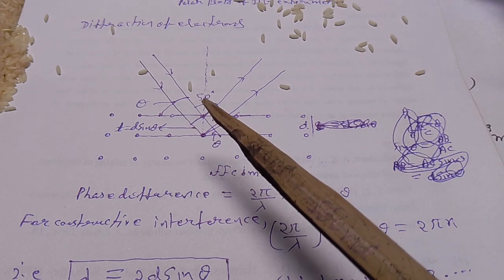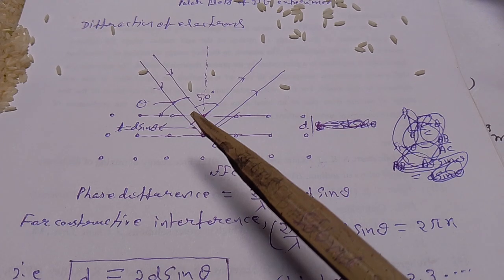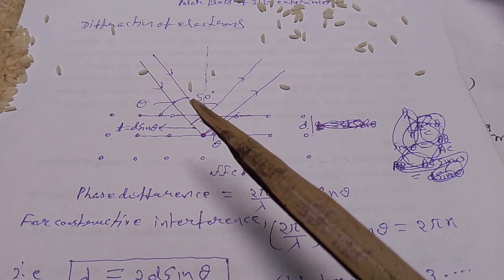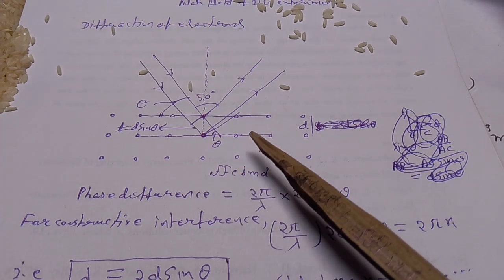They finally found very good agreement between their values of wavelength and those predicted by the de Broglie hypothesis. Thus, the validity of the de Broglie hypothesis was established.